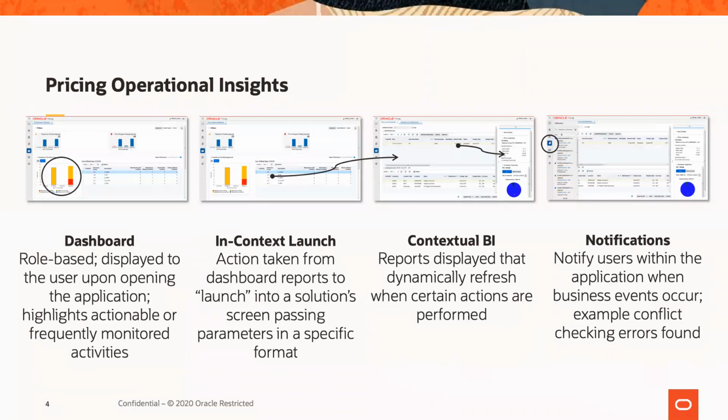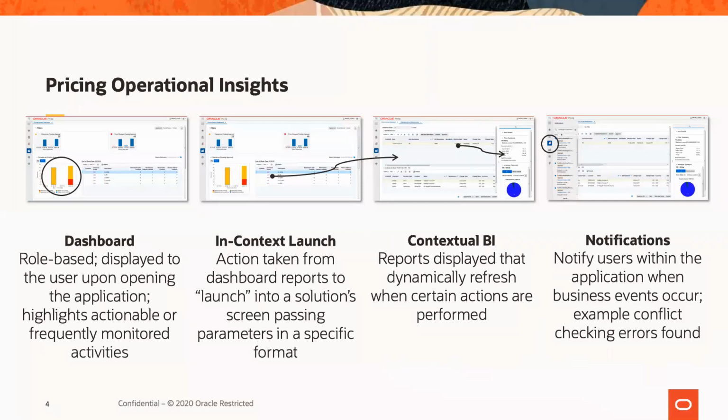So a dashboard, actually two dashboards that are focused on the roles of who's using the pricing application and trying to surface exception type activities for them to monitor. So for pricing, we have a pricing analyst dashboard and a promotional planner dashboard. And they both support in-context launch, which helps to immediately take the pricing analyst or promotional planner to where they can take action on the exceptions that are being raised in the dashboard to them.